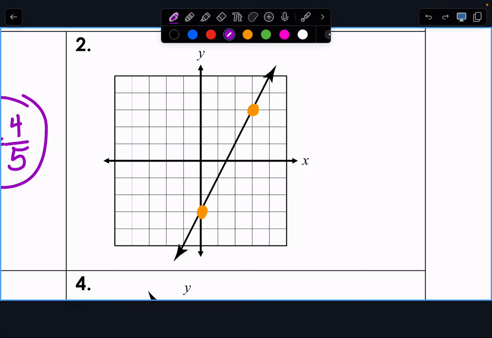Okay, so we're going to go up 1, 2, 3, 4, 5, 6 because now we're even with our second point. How many would we go over? 3. Okay, so our slope is rise over run, 6 over 3.